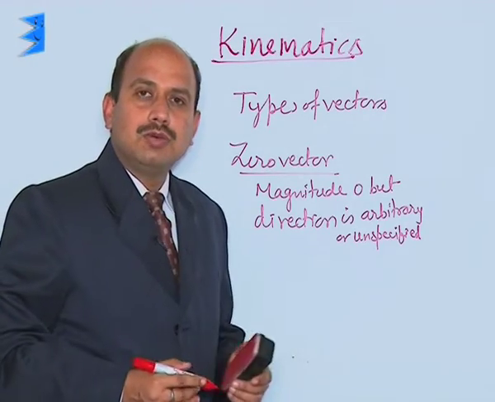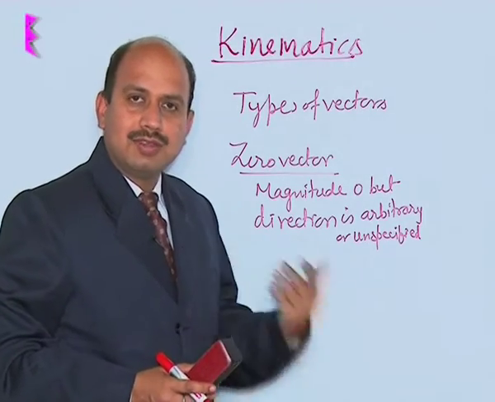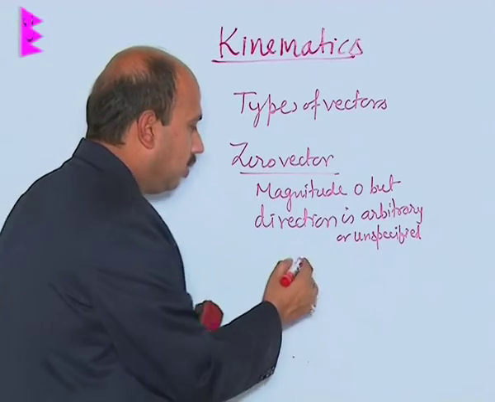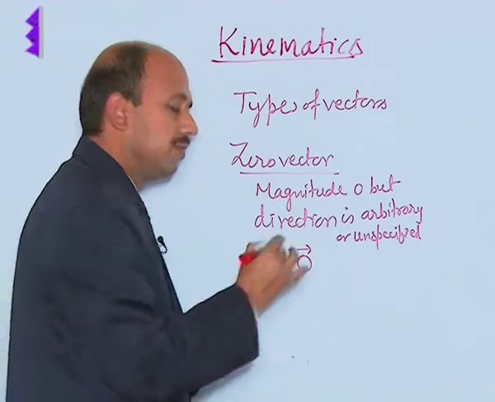So, any vector whose magnitude is 0 and direction is arbitrary, that is not specified, is known as 0 vector. 0 vector is represented by this.